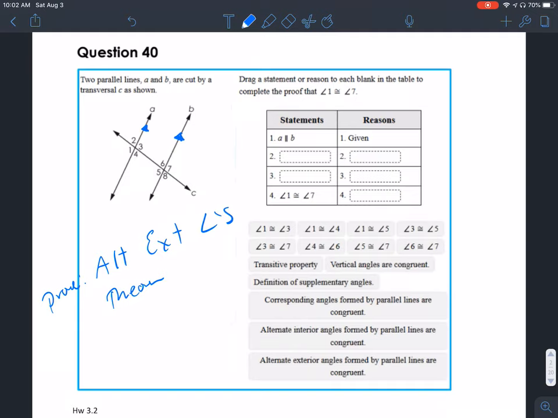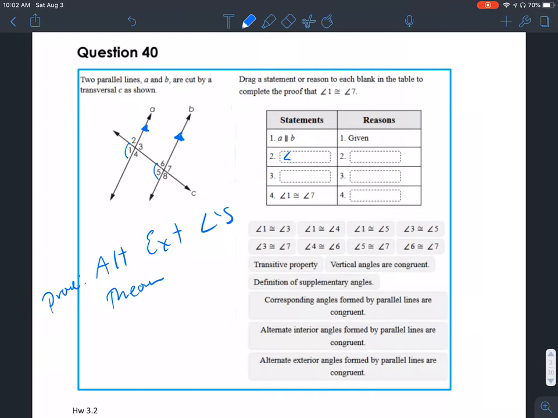Statement 1, line A is parallel to line B, and it's given. So what can we do to finish this problem? Well, we could use the fact that we know that angle 1 and angle 5 are corresponding angles. And if they're corresponding angles and your lines are parallel, then those have to be congruent.